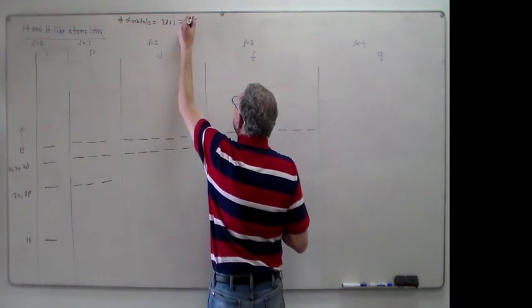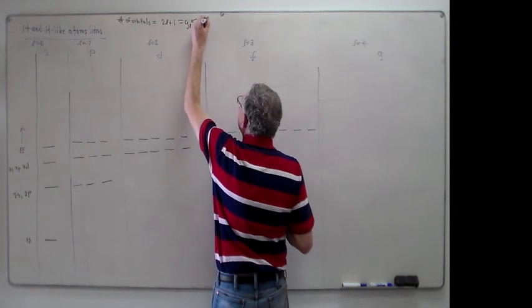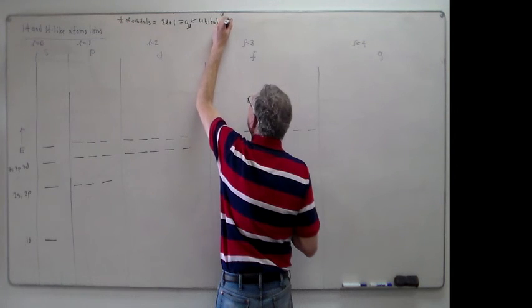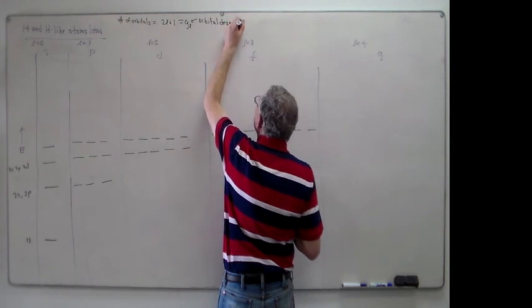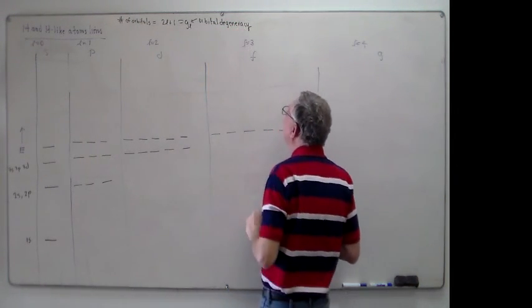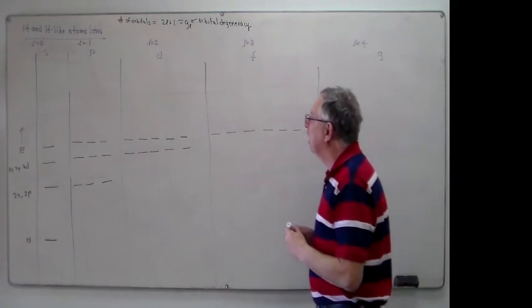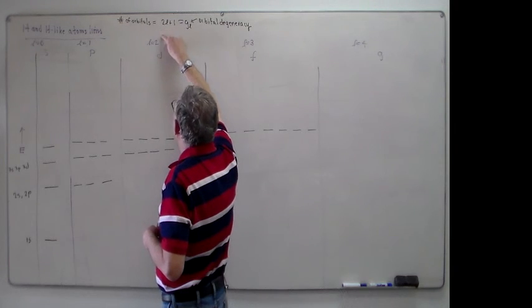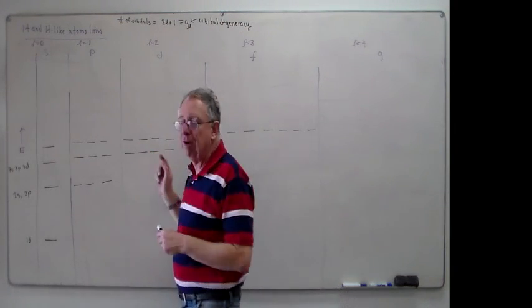G sub L is what is called the orbital degeneracy. So let's check it out for D. For L equals 2, 2 times 2 is 4 plus 1 is 5, and I drew 5 orbitals here.